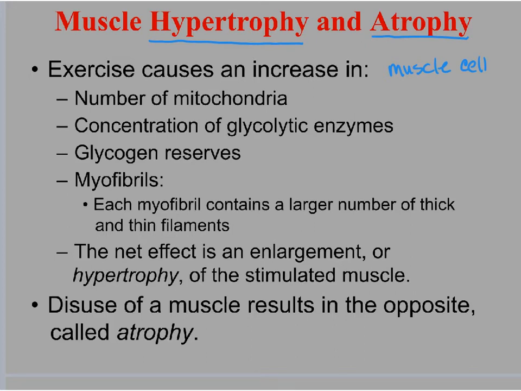She's demanding that I contract more often, so I better increase the structures inside the cell that are responsible for contraction. So when you increase demand on muscle cells, one of the things they'll do is increase the number of mitochondria.